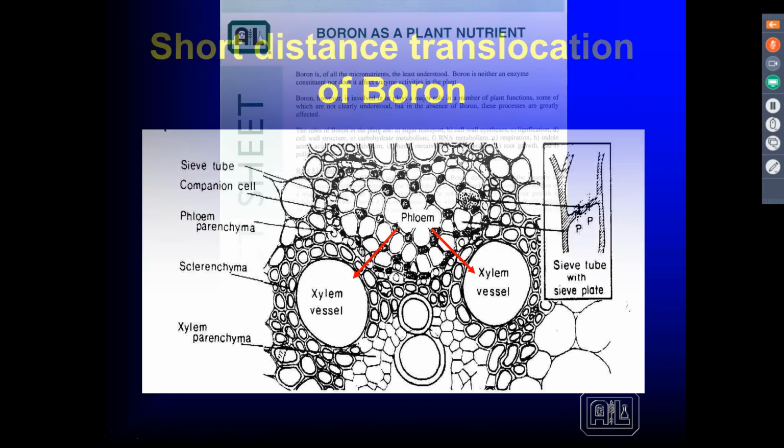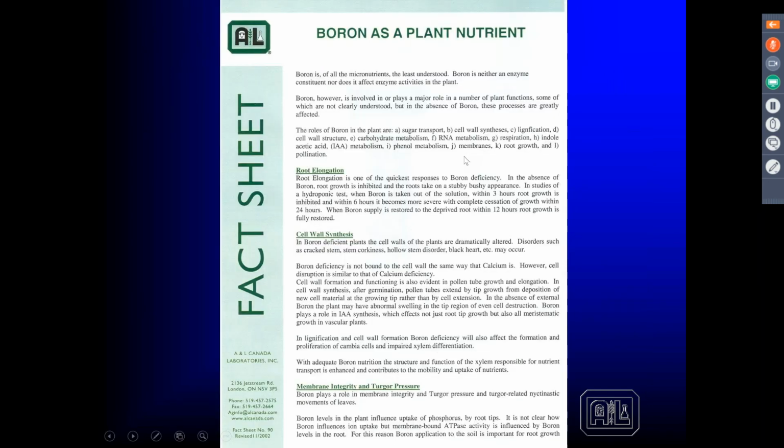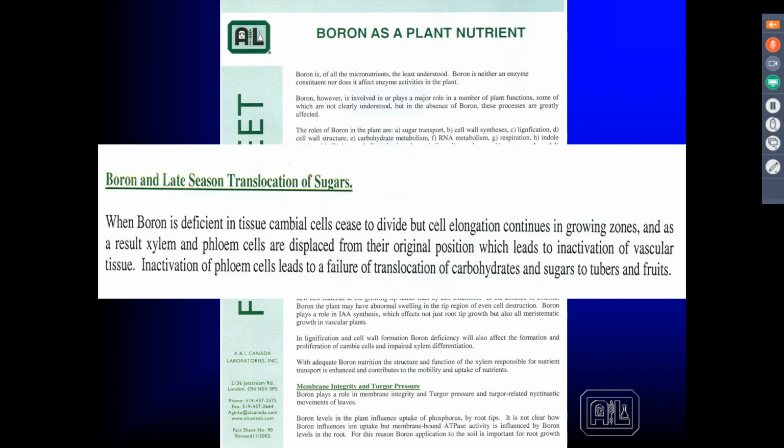We look at boron as a plant nutrient for a number of things it does in the plant, but again, more and more working with boron as it applies to how it maintains that phloem. And because boron is taken up by the plant through respiration, even if your boron nutrition is good in your field and you've done a good job of applying boron, if you have a hot, dry spell, boron can become deficient just because of poor respiration and things start to fall apart.